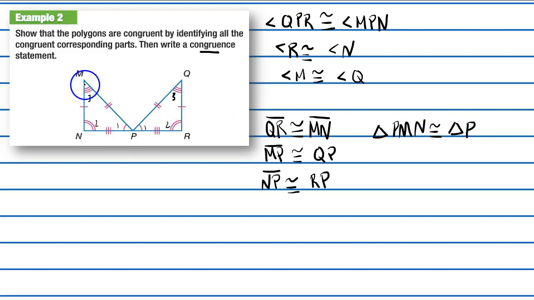M started with 3, so I'm going to go to Q. N had 2, so I'm going to go to R. So I know that triangle PMN is congruent to triangle PQR. And there we go.